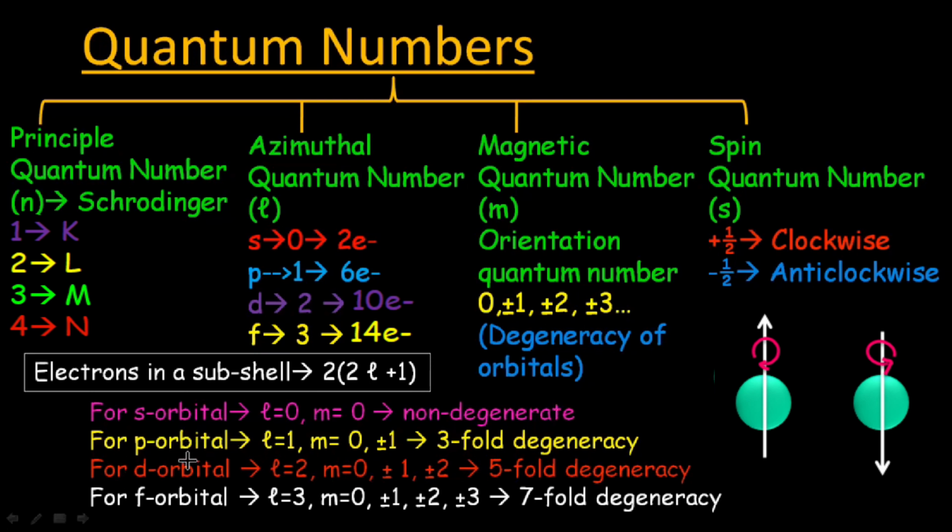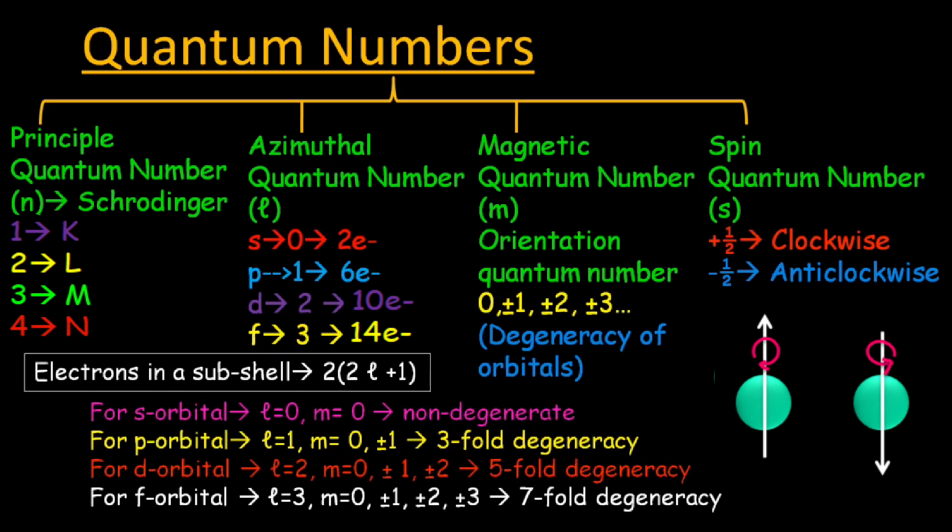In the case of p orbital, the azimuthal quantum number is 1 and magnetic quantum number is 0, plus minus 1, which is showing that p orbital has three space orientations: 0, plus 1, and minus 1. As p orbital can split up into three equivalent energy orbitals, it has threefold degeneracy. This degeneracy is represented by px, py, and pz.